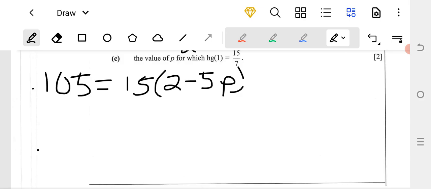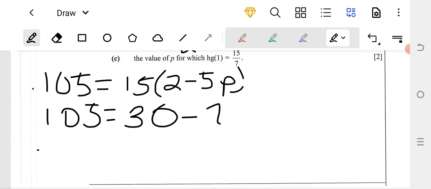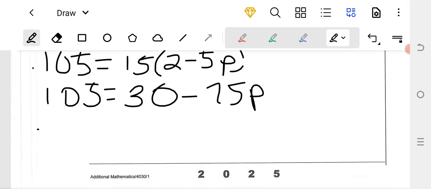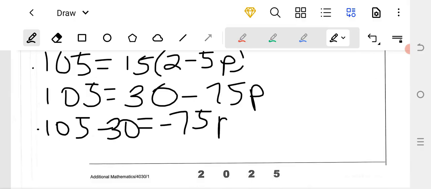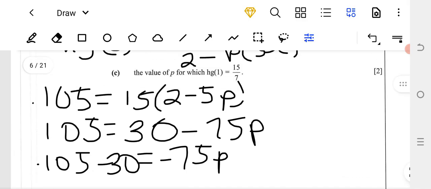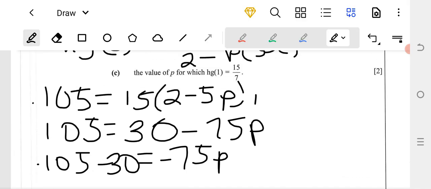Okay, so 105 is going to be equal to 30 minus 75p. So if you take the 30 to the other side, it's going to become 105 minus 30 is equal to negative 75p. And then you're going to have 75 is equal to negative 75p.